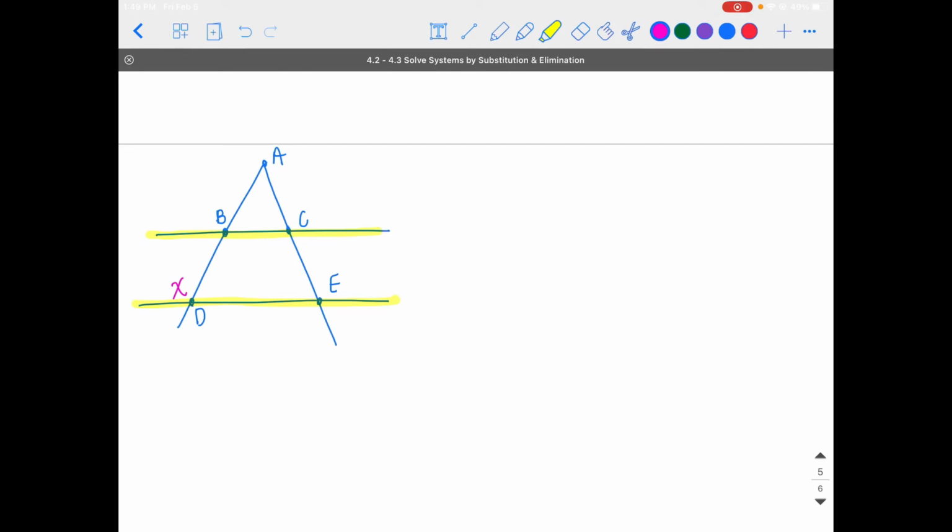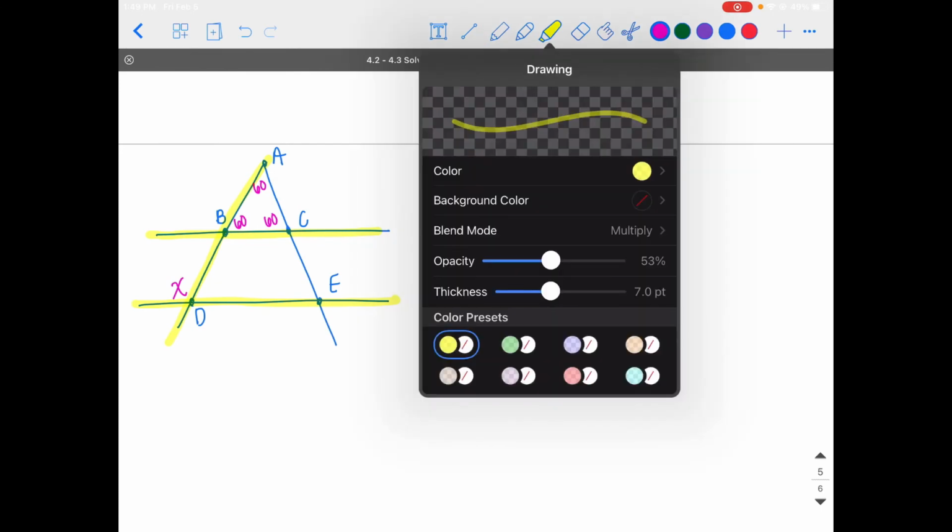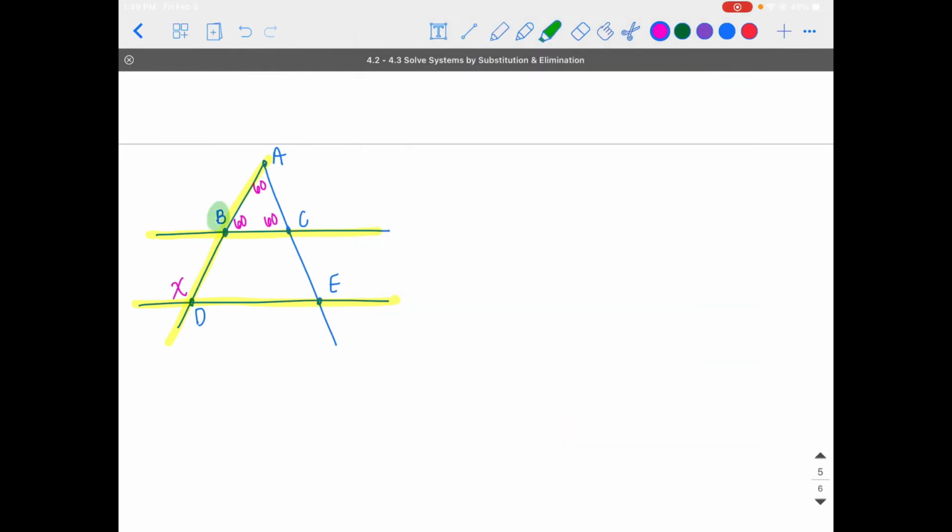And we know that ABC is equilateral, which means that these are all 60. If you think back to geometry, we learned about parallel lines and transversals. These two angles right here that I am putting in green would be corresponding angles, and they would be the same measure. So if this side is 60, this over here has to be 120 because they add up to 180, so X is also 120.